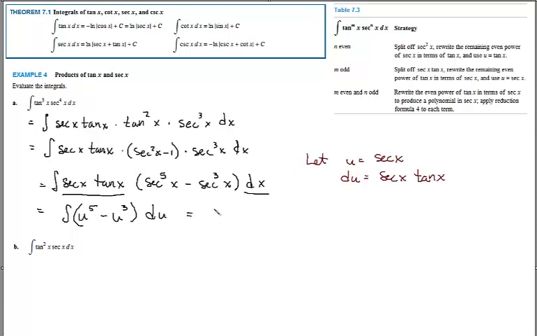With that, I'll get u to the 6th over 6, just doing my straight up integration, minus u to the 4th over 4 plus c. Doing my back substitution, I then get secant to the 6th x over 6 minus secant to the 4th x over 4 plus c.